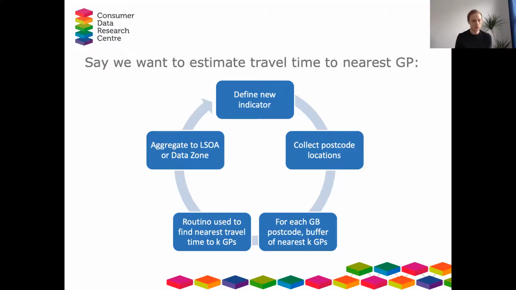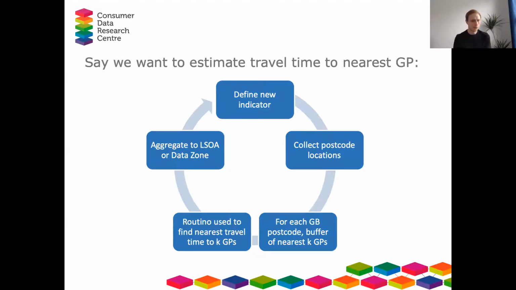The reason we took that first step of subsetting the nearest 10 GPs is because we could have done the nearest travel time to all GPs, but that would just take forever. Whilst it's only 1.75 million postcodes, it's taking about 8 hours processing time to do the whole country, which is quite a significant effort, even on our beefier servers.